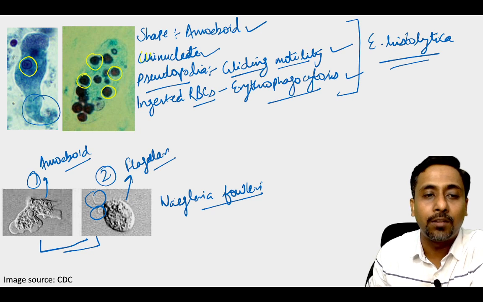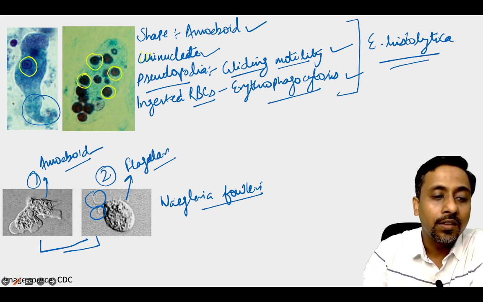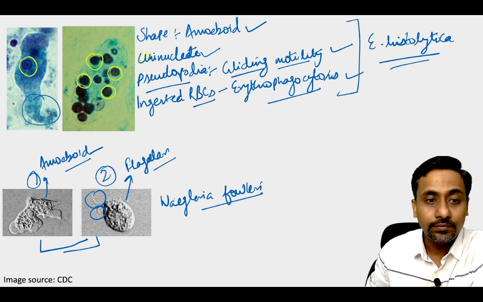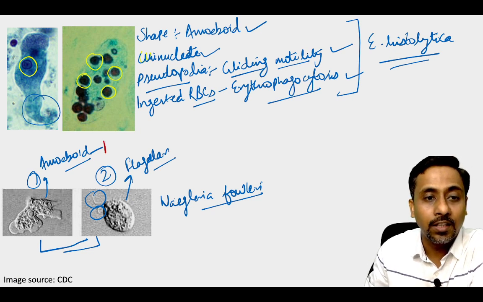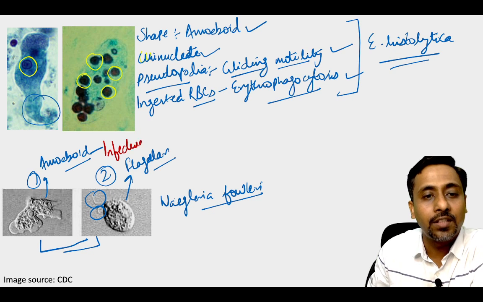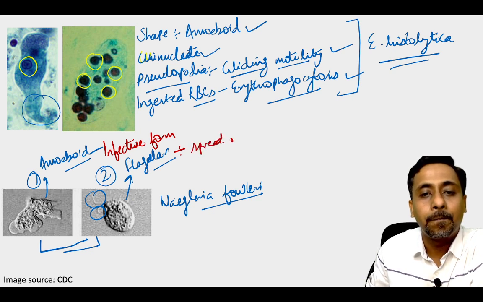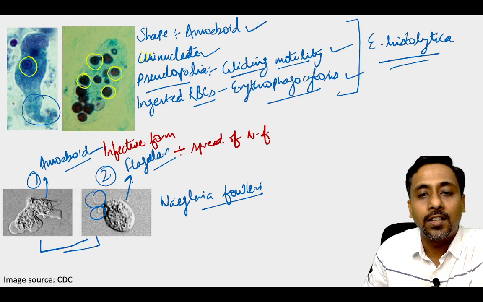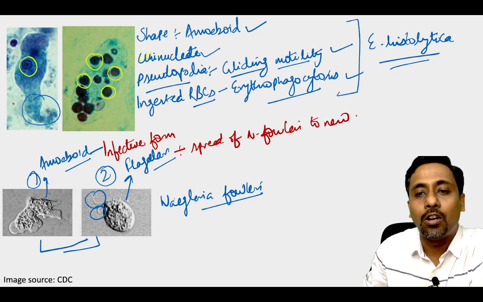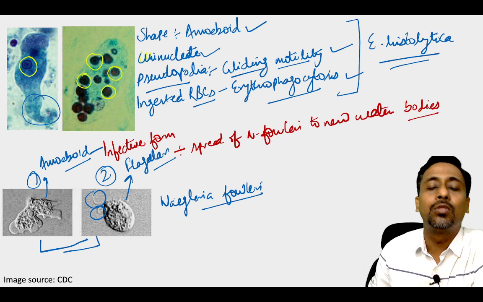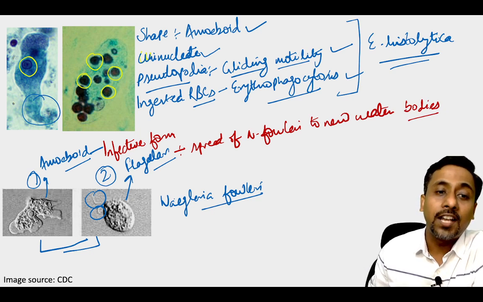Out of this, the amoeboid form is the infective form, whereas this flagellar form helps in spread of Naegleria fowleri to new water bodies, and once it reaches a new water body, it can again transform into amoeboid form.